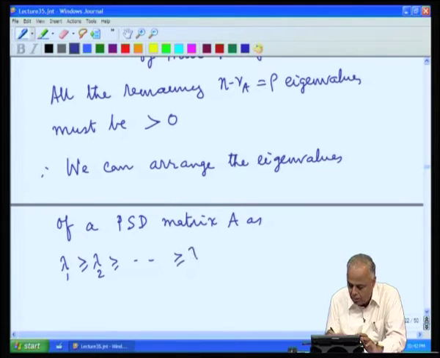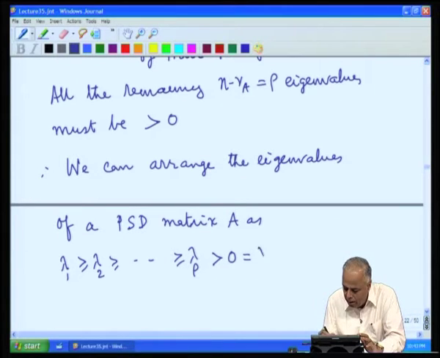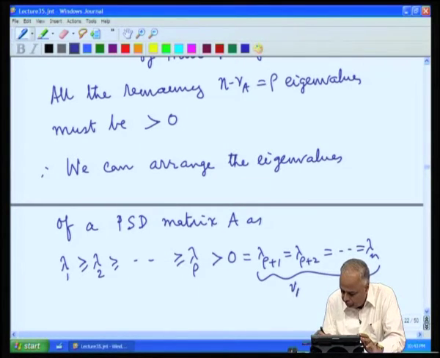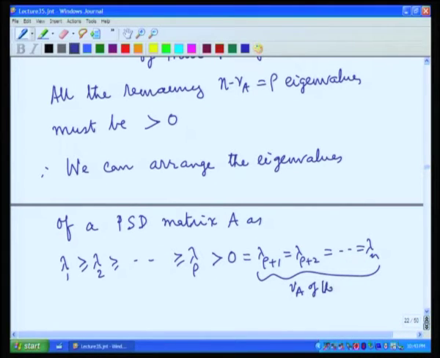So, there are rho eigenvalues which are all strictly positive and the remaining eigenvalues are all equal to 0. So, there are nu A of them. Nu A of these eigenvalues are 0 and rho of these eigenvalues are positive.